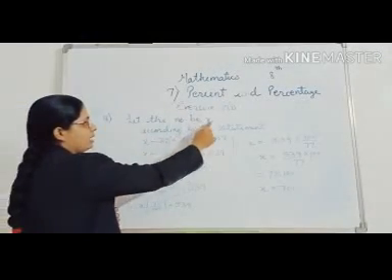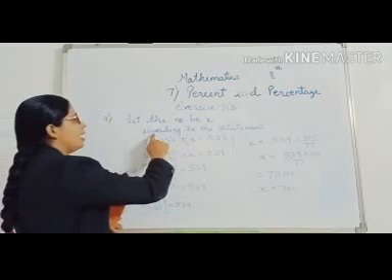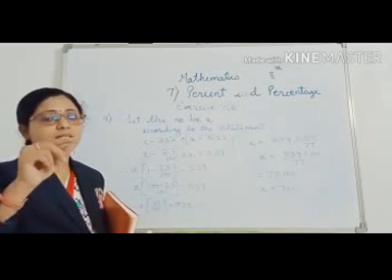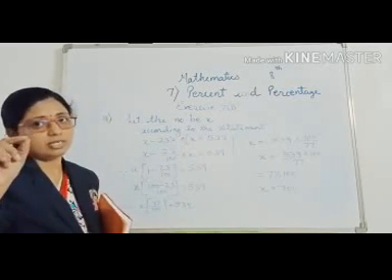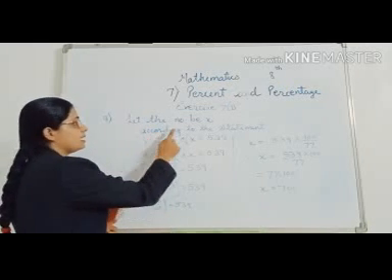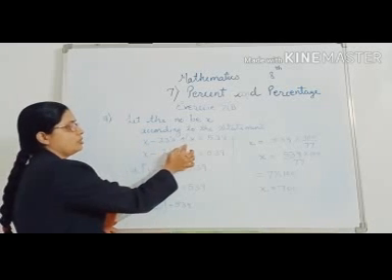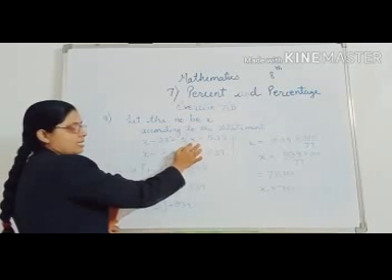Let the number be x. As I told you, we have to find the unknown number, that is x. According to the statement, x decreases by 23% of this number, that is x.